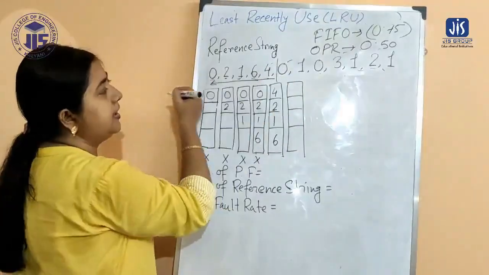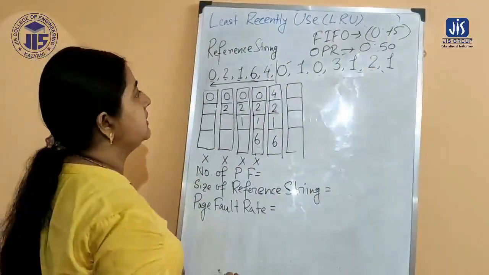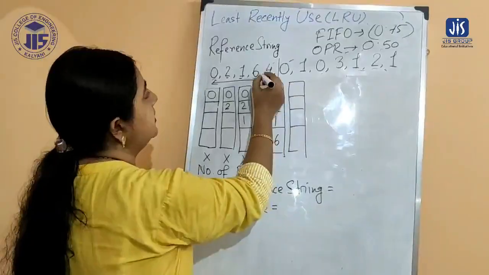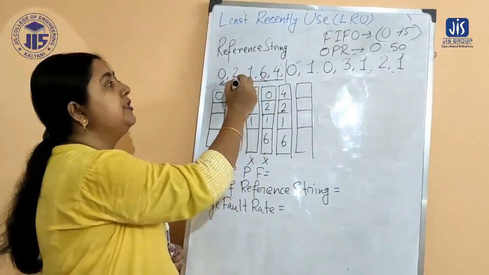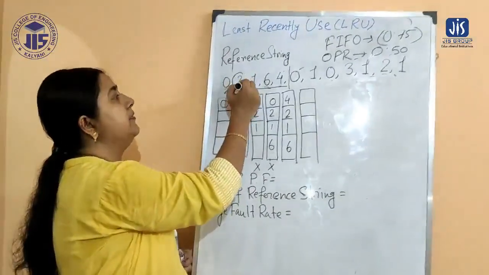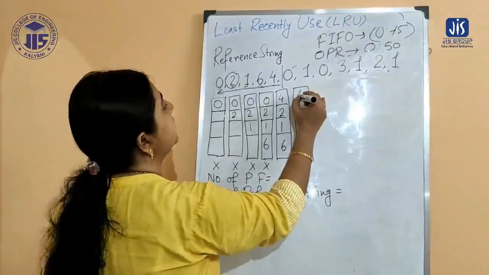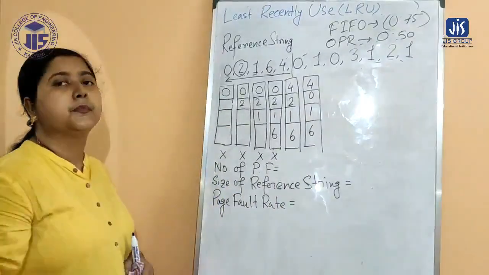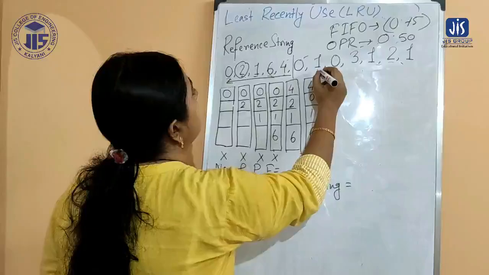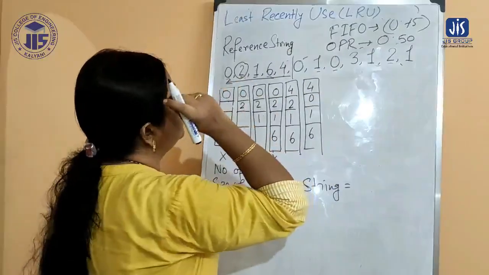So from here I am looking for the least recently used. So 4 is used here, 6 is used here, 1 is used here and 2 is used here. So which is the least recently used? Obviously 2. So 2 is going to be replaced by 0.